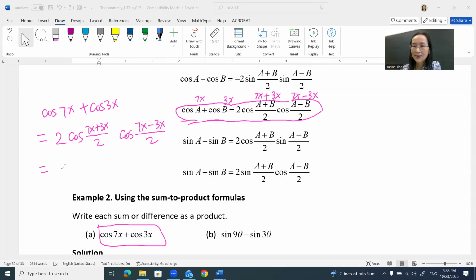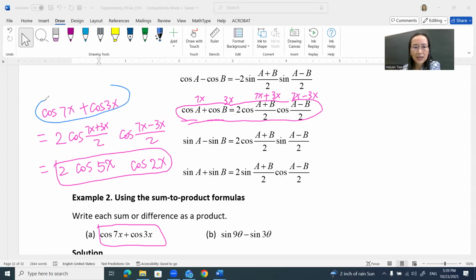Now let's simplify it. 7x plus 3x is 10x, over 2 is 5x. And then 7x minus 3x is 4x, over 2 is 2x. So that's the reduced form. And so we have now achieved going from the sum to a product.